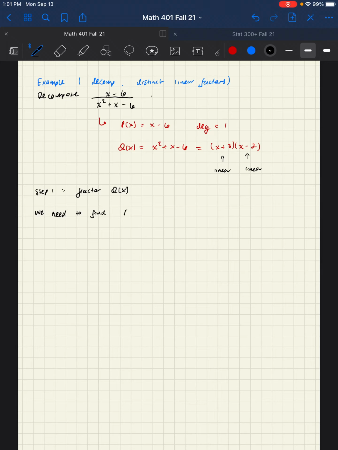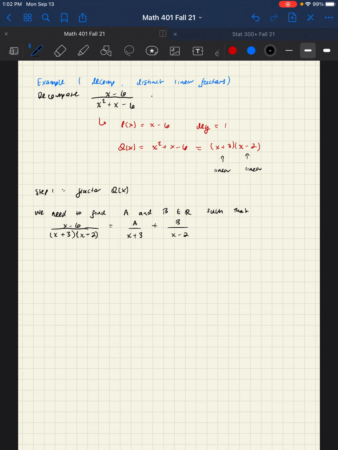I'm going to use, in alphabetical order, capital A and capital B, which are real numbers, such that x minus 6 all over x plus 3 times x minus 2 equals, now this is where we're actually going to use the method of partial fraction decomposition. Remember that we said that we can break this down into two terms, the first one being A over x plus 3 plus B over x minus 2.